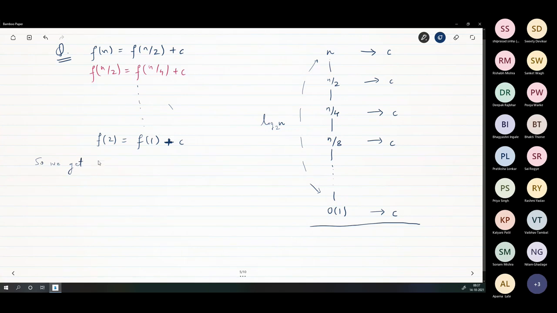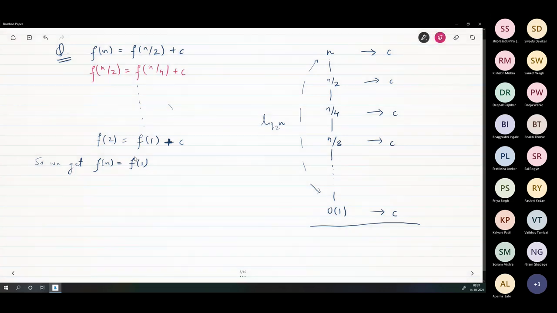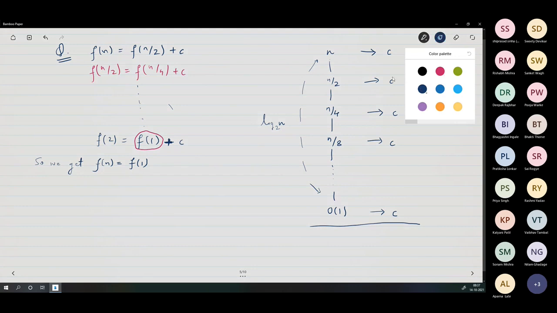You will get finally f of n is equal to f of 1, and then there is a c, for f of 2 there is a c, for f of 4 or f of 8 there is a c. At all the higher levels you don't have function values anymore.